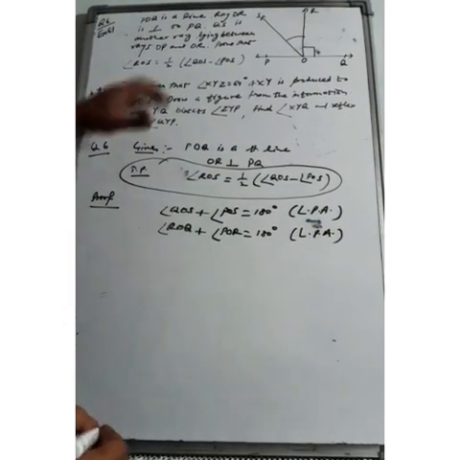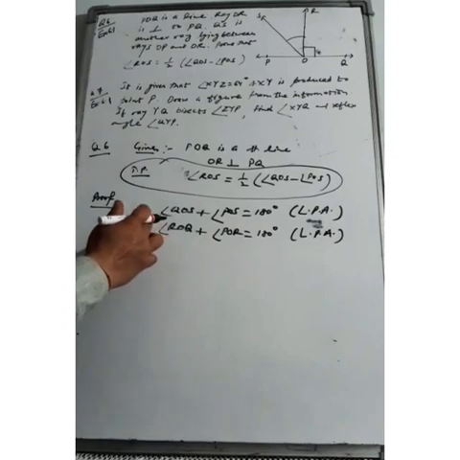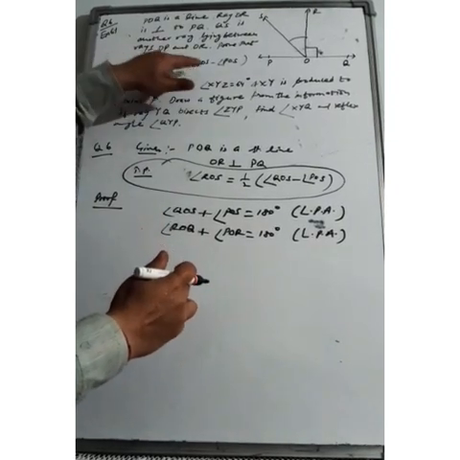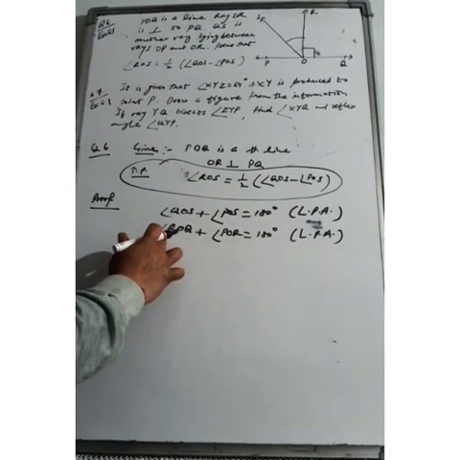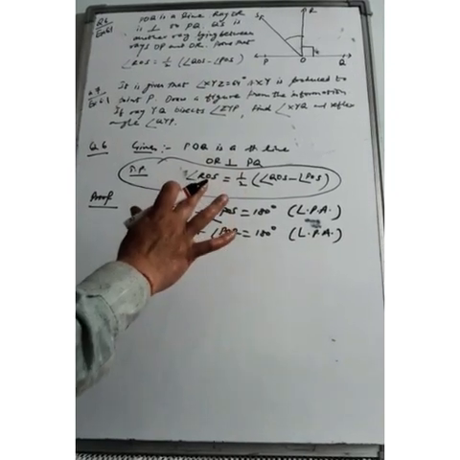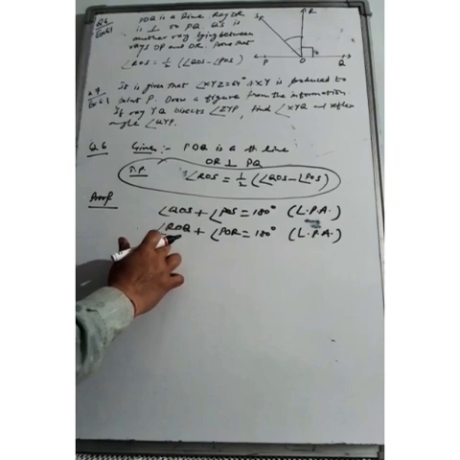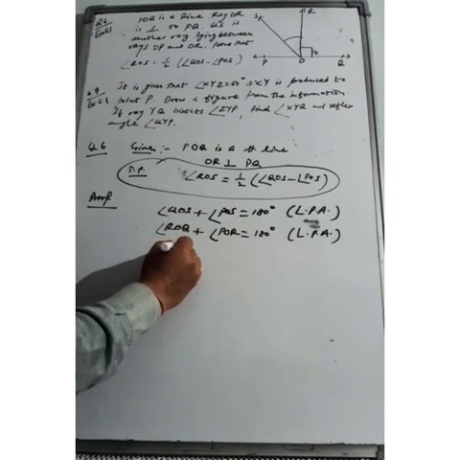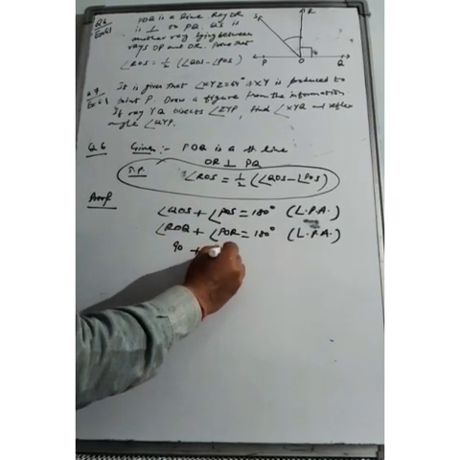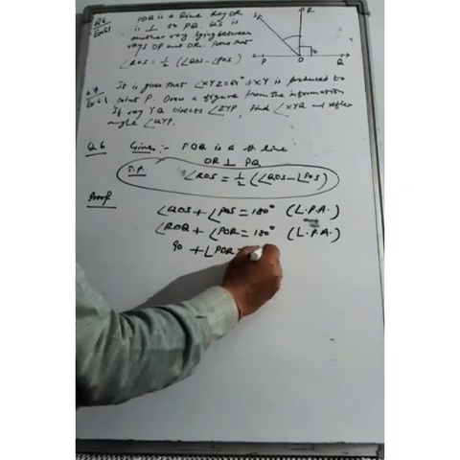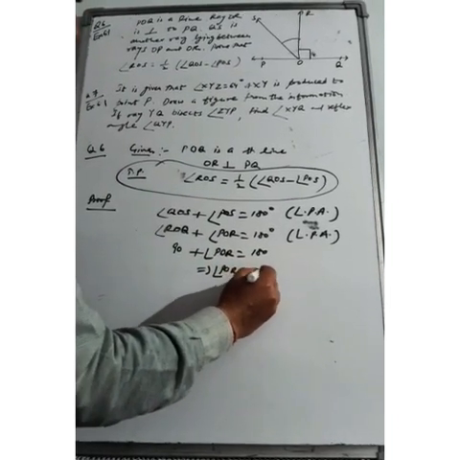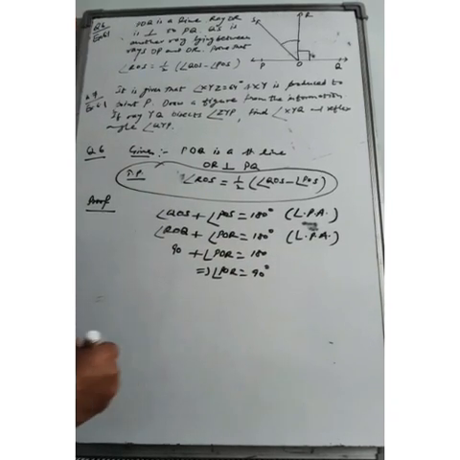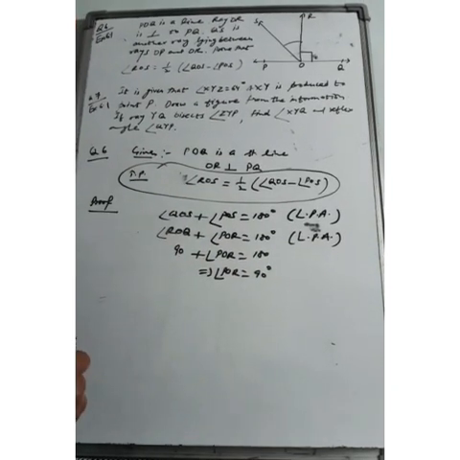But now you see I need ROS, QOS and POS. Here we have QOS, POS, ROQ and POR. Both are not required, but I know that angle ROQ is given as 90 degrees. So from here I can calculate the value of POR, and this again becomes 90 degrees.